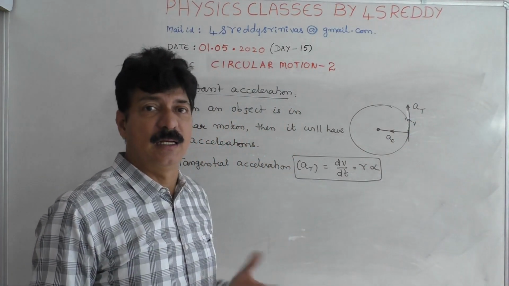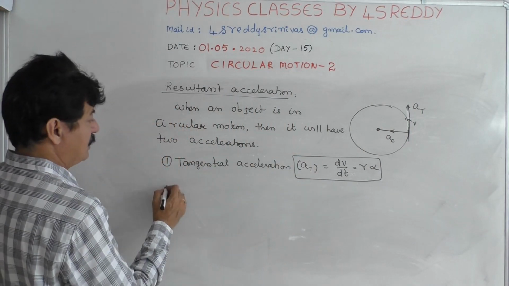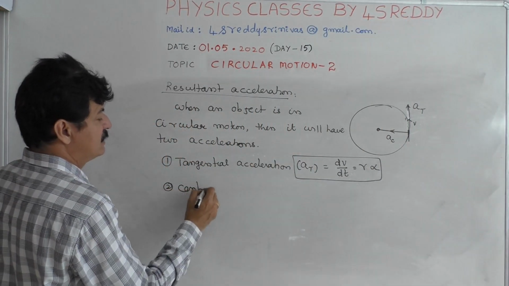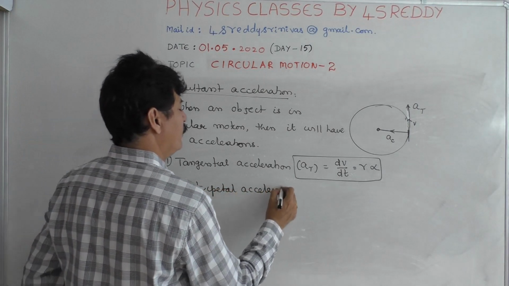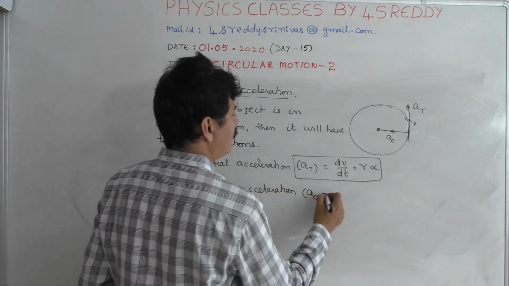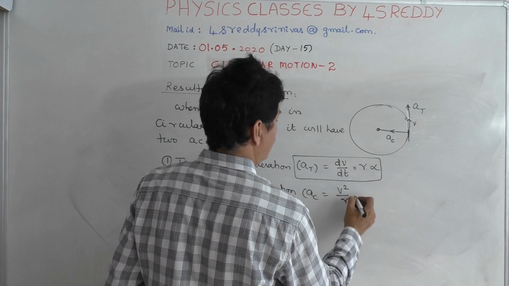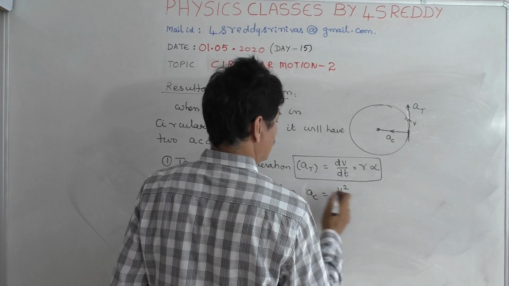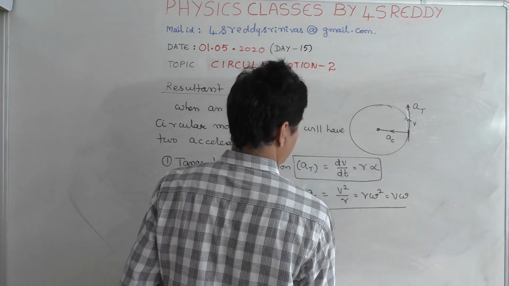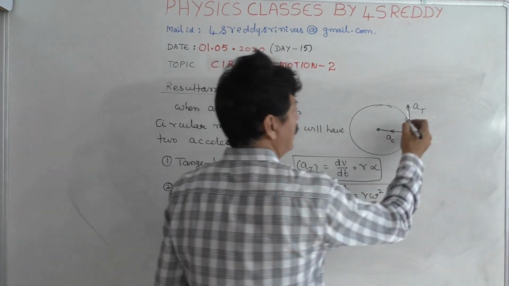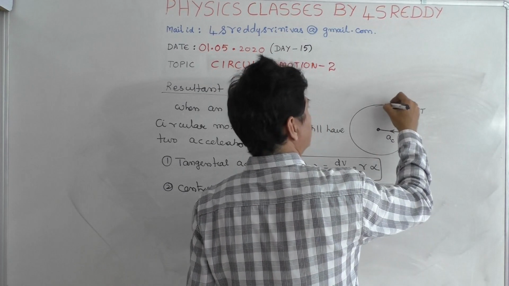Therefore, the corresponding acceleration is that. And the second one is centripetal acceleration, which is given by A_C is equal to v square by r, or r omega square, or v omega. So these two are in mutually perpendicular directions.